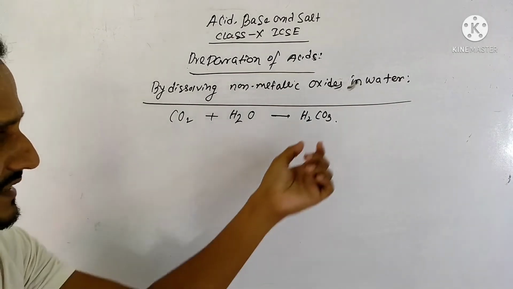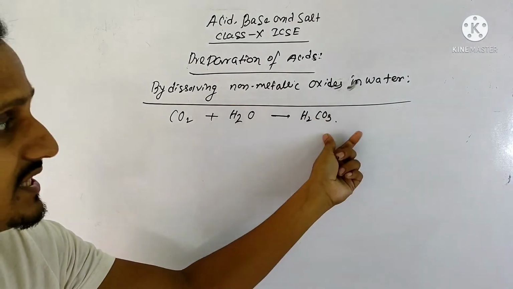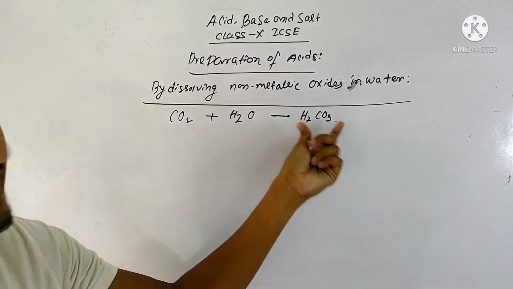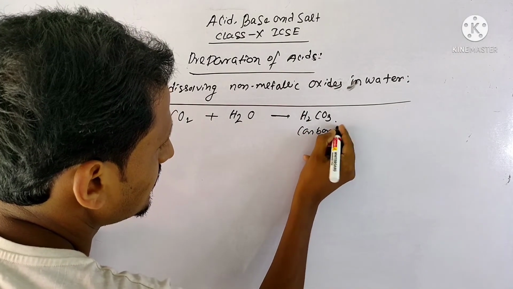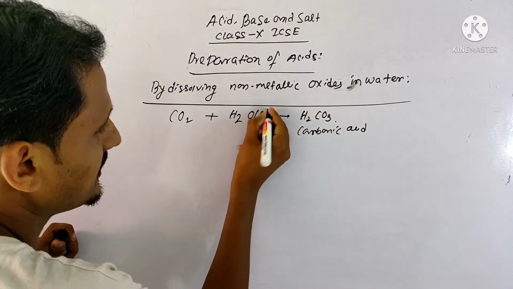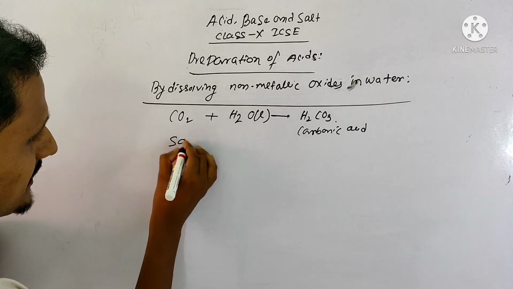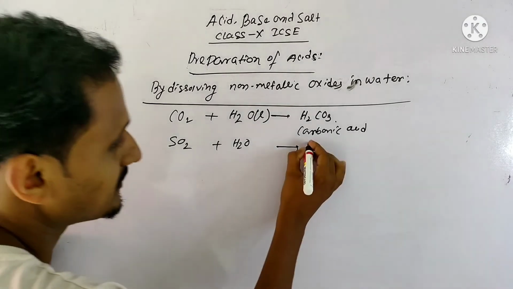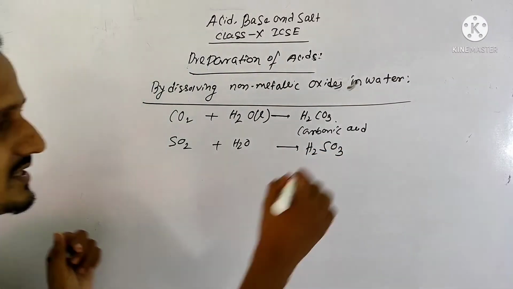Now in this acid you can see carbon is there, oxygen is there, and hydrogen is there. So in this acid oxygen is there, and that's why it is called an oxo acid. This is carbonic acid, and it is an oxo acid, with water in liquid state. Again, sulfur dioxide when dissolved in water will form the corresponding sulfurous acid, which is also an oxo acid.